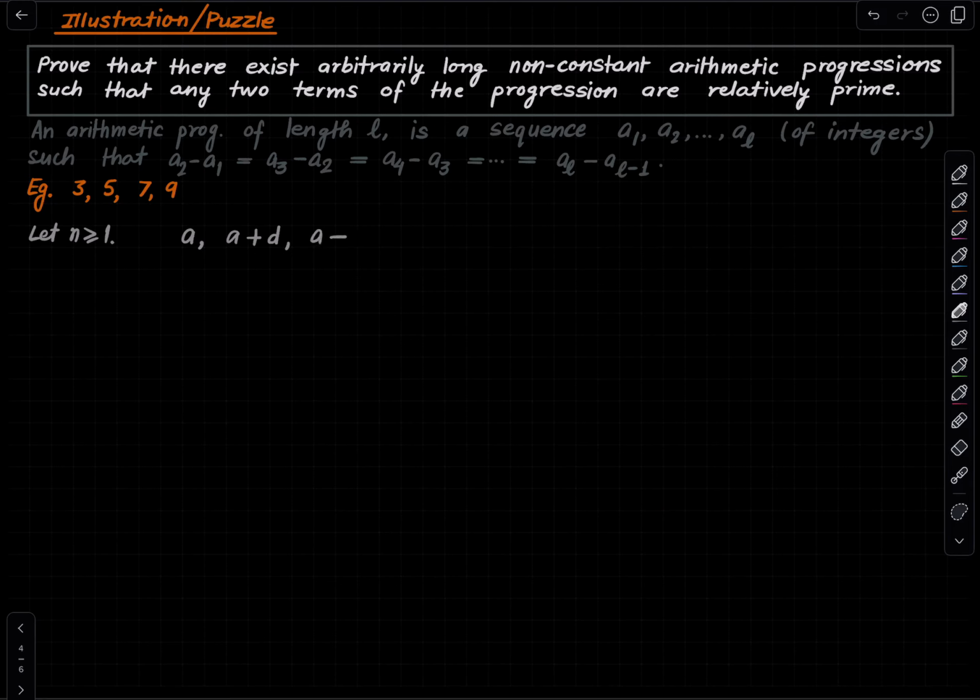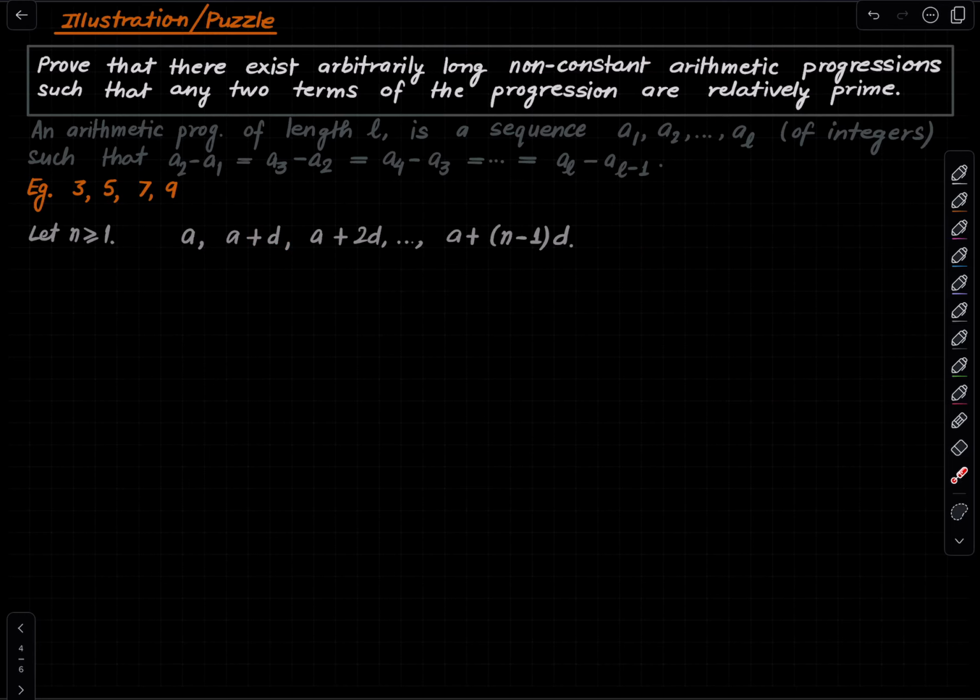The third would be a plus 2d and so on, up to a plus (n minus 1)d. So these are n terms in arithmetic progression, and generically any arithmetic progression can be written this way. We just are constrained to choose a non-zero integer d, because we want a non-constant arithmetic progression. This d cannot be 0.